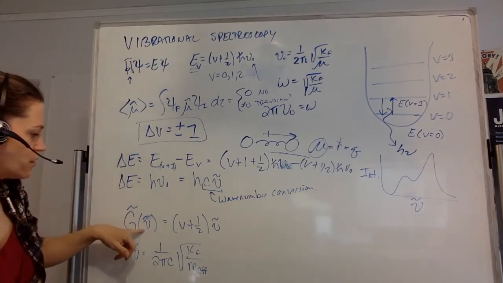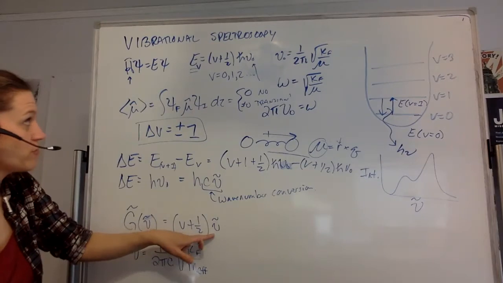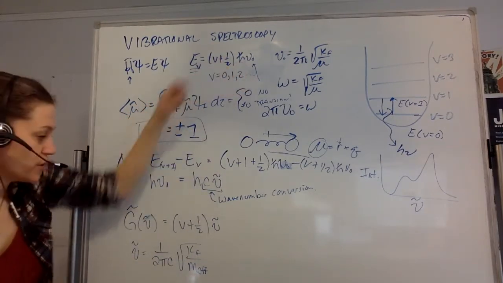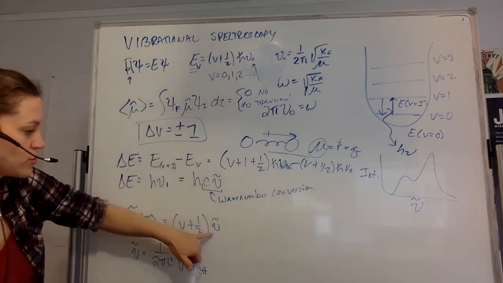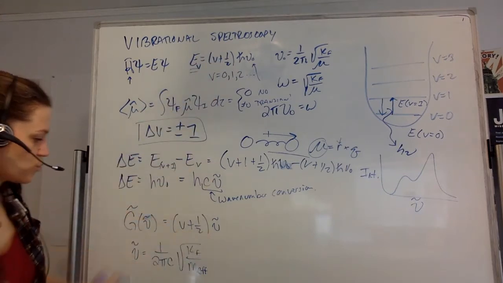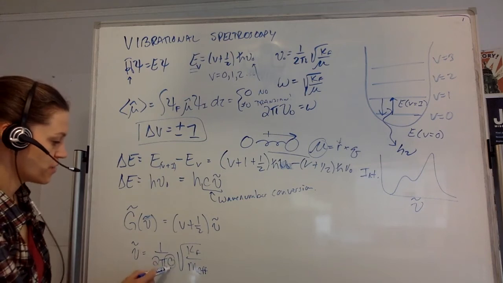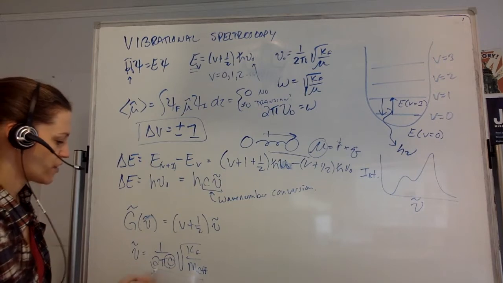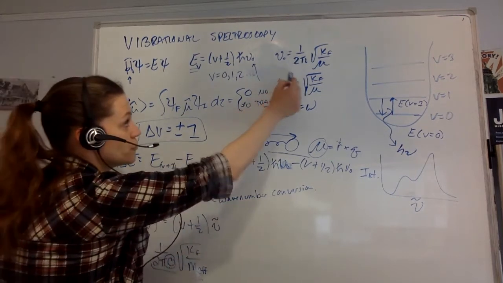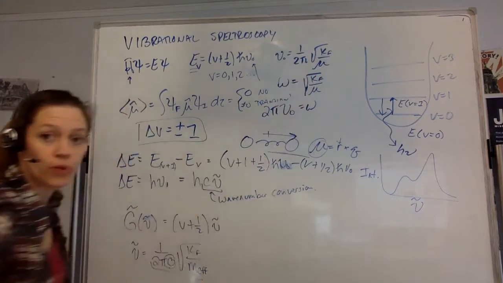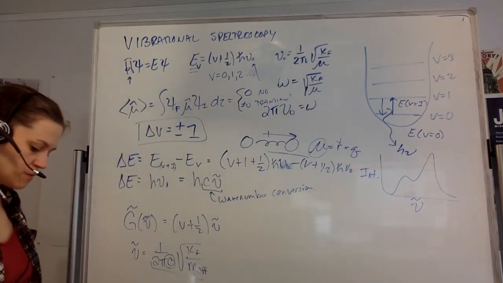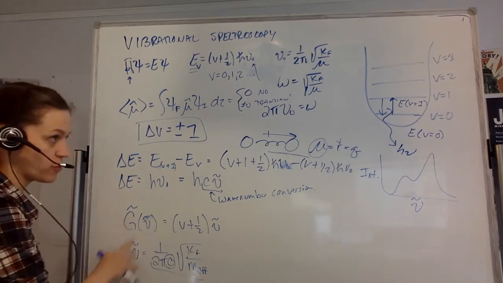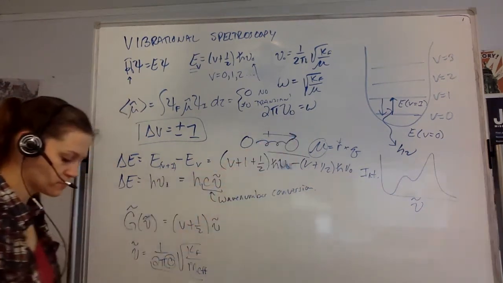So you've got the wave number here, (v + 1/2) times the wave number, versus (v + 1/2)hν0. So what you're doing is taking into account the wave number transition, and then ν0 is 1 over 2π c. So there's your conversion to wave number from frequency using the speed of light, and then there's your frequency value of 1 over 2π times the square root of kf over μ. Okay. So these are the energies in terms of wave numbers for these transitions.